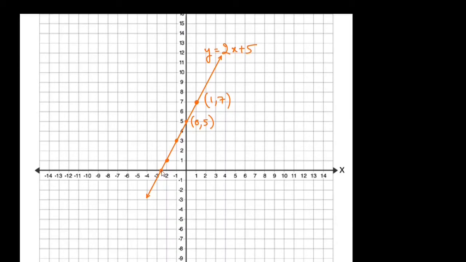What is the point of intersection of the line with the x-axis? The point of intersection of the line with the x-axis here is (-2.5, 0), or (-5/2, 0).